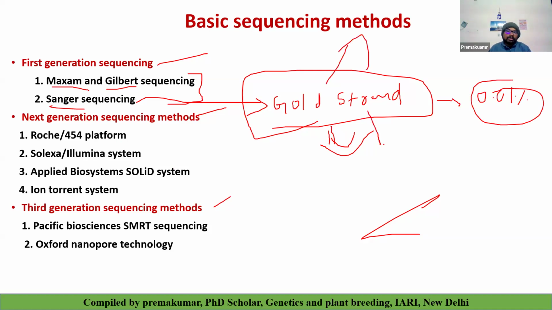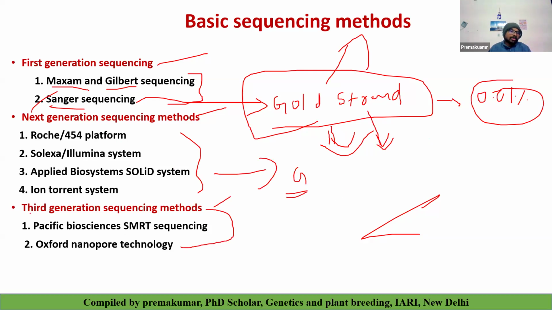The only problem is it is very costly and laborious compared to other methods. The data generated per run is very, very less in Sanger sequencing. But the others generate very high data per run and are very cheap, but have some error.